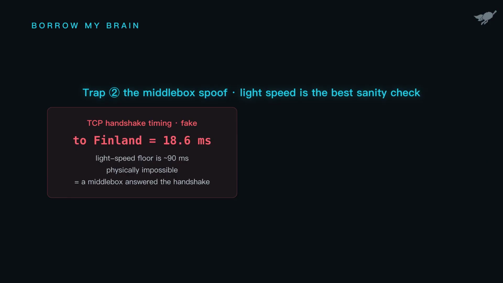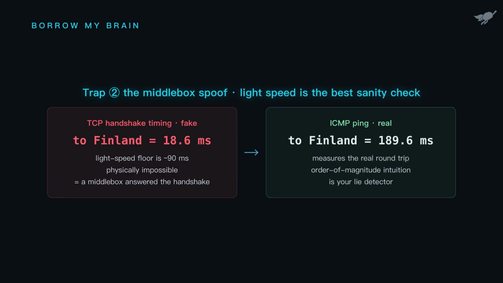The second trap is sneakier. At first, I was using the TCP handshake time to estimate network round trips, and a server in Finland came back at just 18.6 milliseconds. But you just took the speed of light class. California to Helsinki, the light speed floor alone is nearly 90 milliseconds. 18 milliseconds is physically impossible.